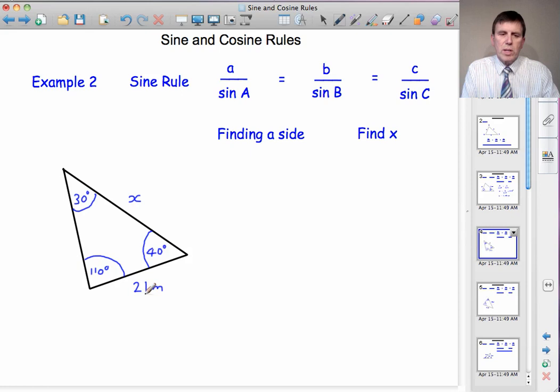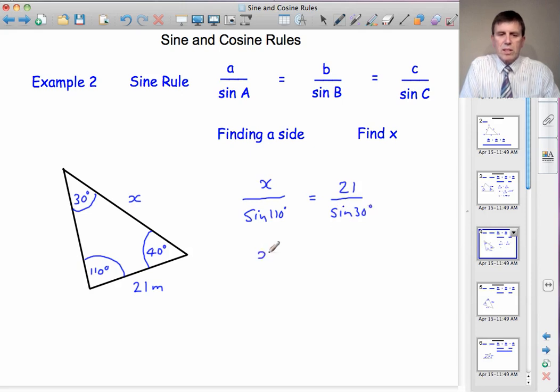So if I'm working with 21 meters, I'll also be working with the 30-degree angle. 21 over sine 30 is equal to x over sine 110. So let's write that down. x over the sine of 110 degrees is equal to 21 over sine 30.